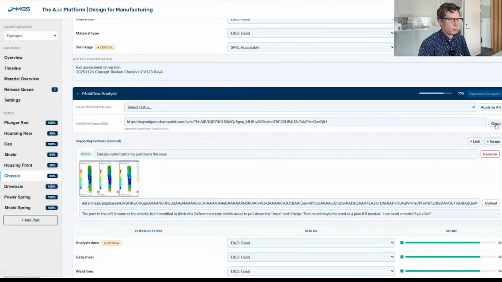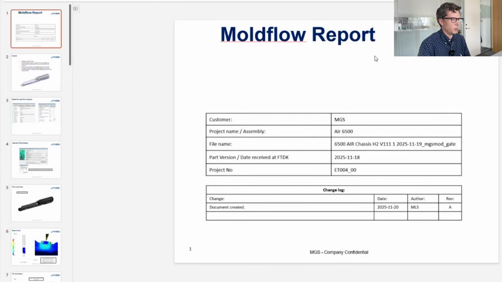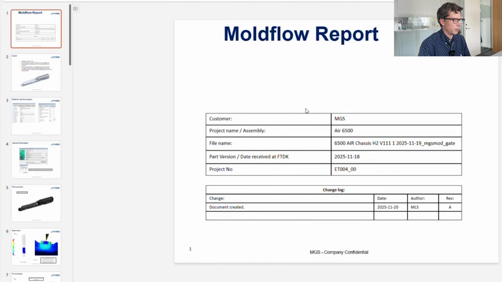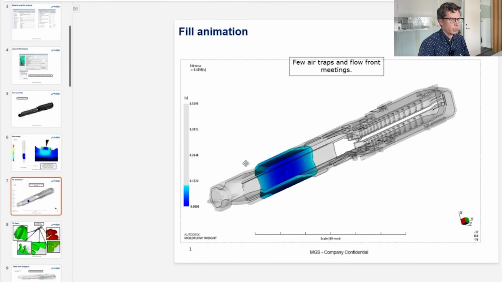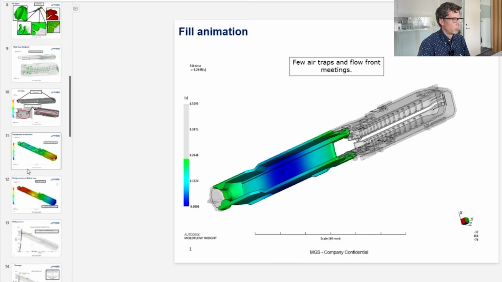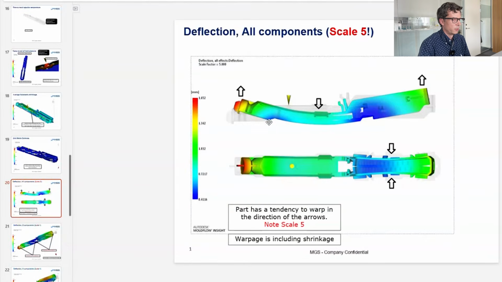I can, for instance, open a mold report from MGS Roskilde, and this is a mold report from an earlier stage where you can see examples like the filling process, but it also revealed that in an early iteration we saw some substantial warpage of the design.